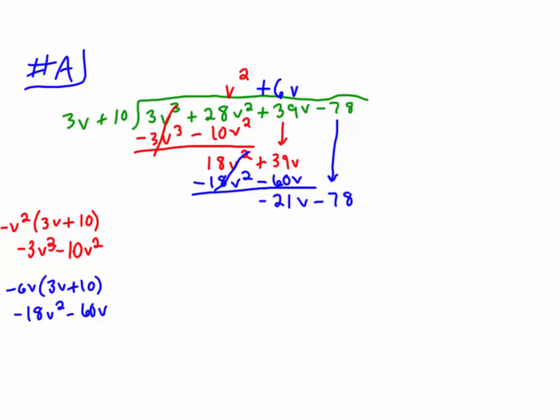And we say, what do I multiply 3v by to get negative 21v? Negative 7. So we do negative 7 times 3v plus 10. But I want to change the sign, so I'm really going to multiply by positive 7, which gives me 21v plus 70.